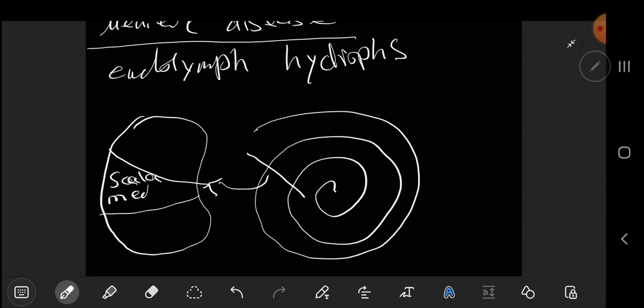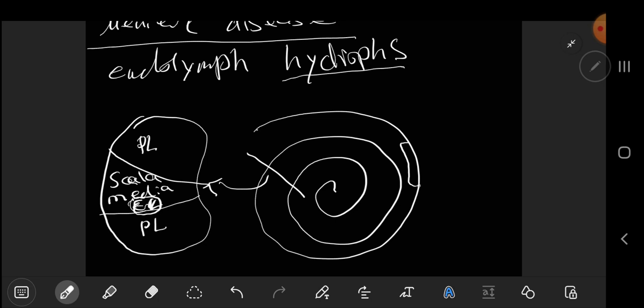There in the scala media is the endolymph, and here the perilymph, and here again the perilymph. This is the scala tympani and scala vestibuli. Now here the endolymph in Meniere disease is just starting to get too much.